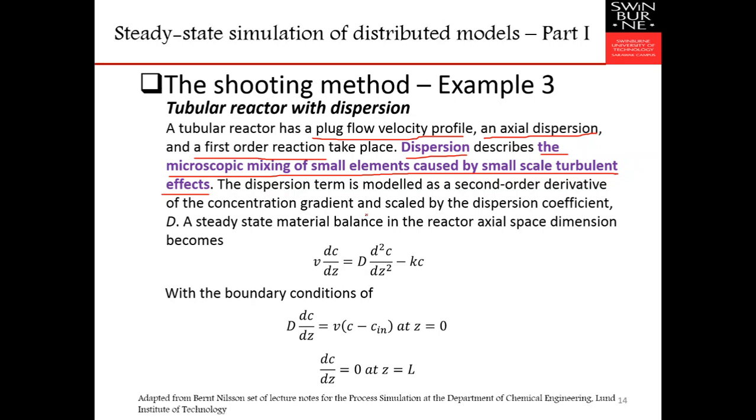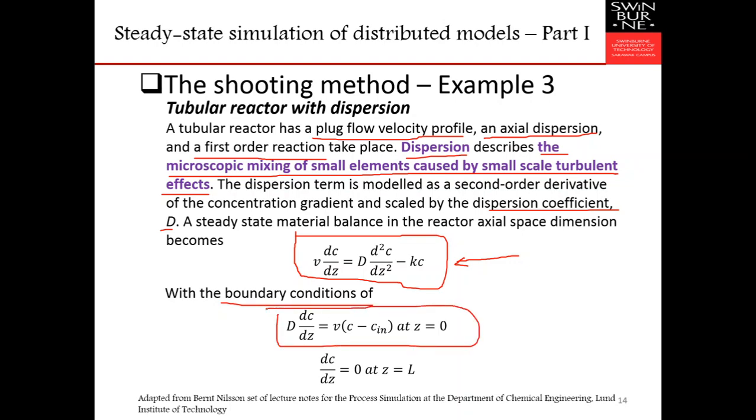The dispersion term is normally modeled as a second-order derivative of the concentration gradient and scaled by the dispersion coefficient E. So if we make a steady-state material balance in the reactor axial space dimension, then we will have this. We will recover this particular second-order ODE with the two boundary conditions of this and this.